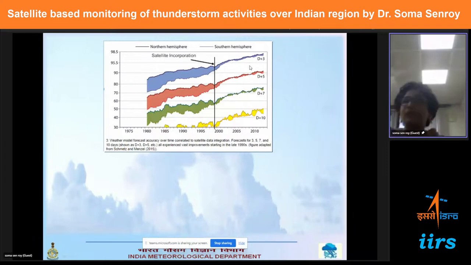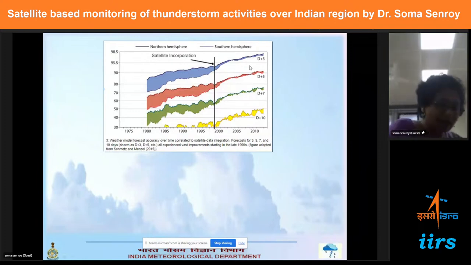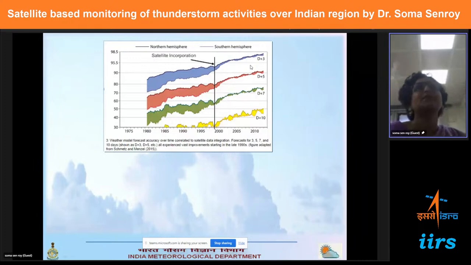And another thing, if you note in this particular figure, the difference in the accuracies of southern hemisphere versus northern hemisphere was pretty high prior to this period, and following 1997-98, the forecast accuracy has become almost similar for northern hemisphere and southern hemisphere. Why do you think that happened?